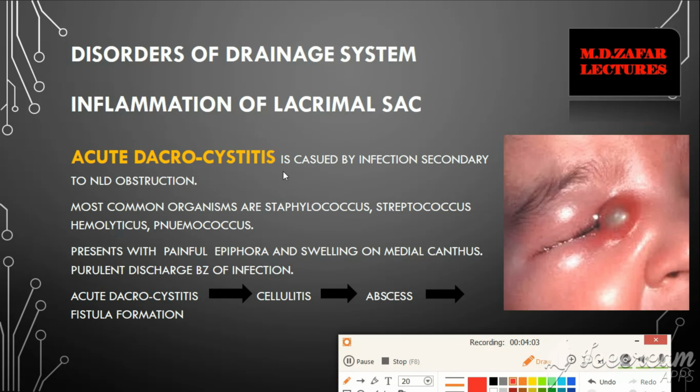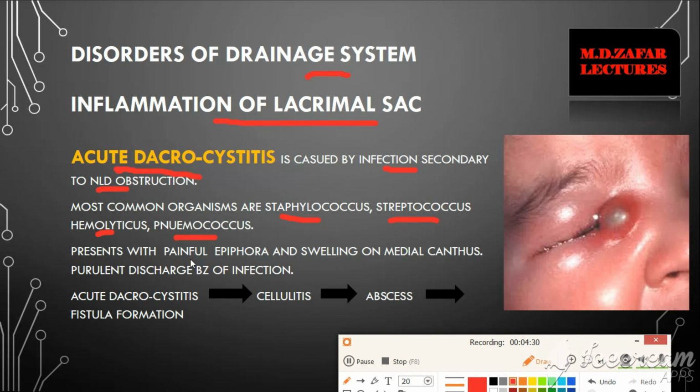Now we will talk about inflammation of the lacrimal sac, which is the part of the drainage system. Acute inflammation of the lacrimal sac, known as acute dacryocystitis, is caused by infection which is secondary to nasolacrimal duct obstruction. It is caused by strong organisms which include Staphylococcus, Streptococcus haemolyticus, and Pneumococcus.